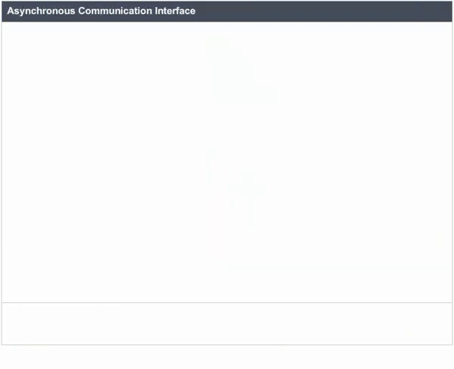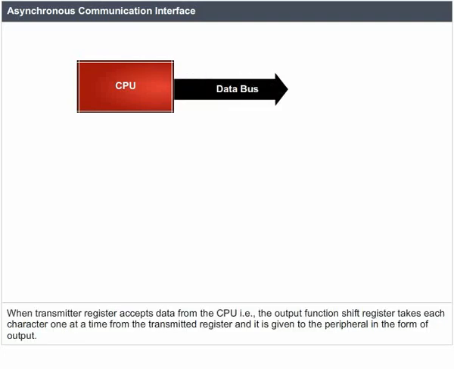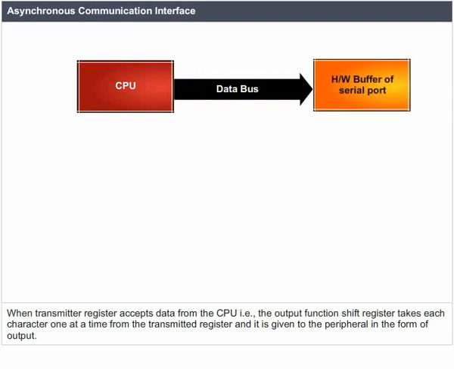Asynchronous Communication Interface. The interface is initialized for a particular mode of transfer by means of a control byte from the CPU to the control register. When the transmitter register accepts data from the CPU, that is, the output function, the shift register takes each character one at a time from the transmitter register and gives it to the peripheral in the form of output.